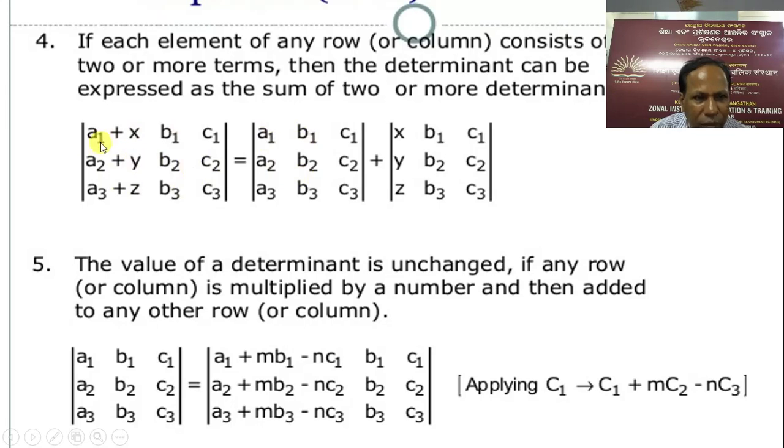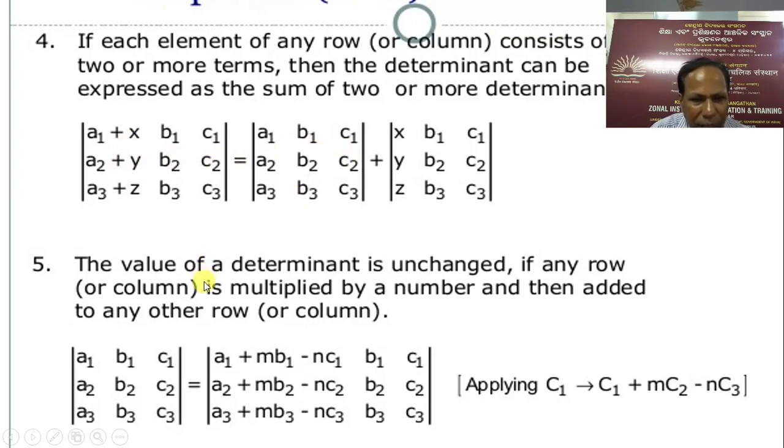The first determinant is obtained by taking the first terms a1, a2, a3, then b1, b2, b3, c1, c2, c3, plus the second determinant obtained by taking the second terms x, y, z, then b1, c1, b2, c2, and b3, c3. To summarize, if all the elements of any row or column of a determinant are expressed as the sum of two or more terms, then the determinant is expressed as the sum of two or more determinants.